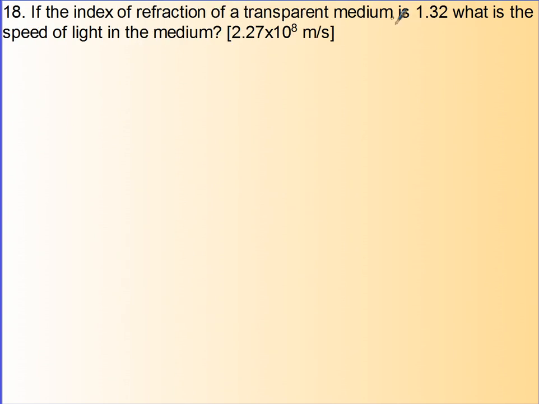If the index of refraction of a transparent medium, N, is 1.32, what's the speed of light in the medium? All right, well, I know the speed of light in a vacuum is 3 times 10 to the 8th meters per second.